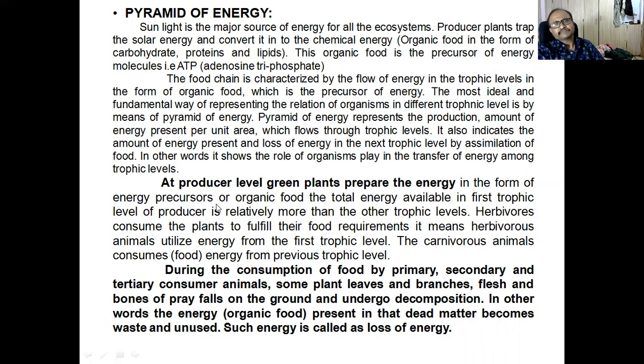Now pyramid of energy, energy means food. हम क्या कर रहे हैं, by considering the energy we are plotting the pyramid. We already have idea about the energy. Energy क्या है, the sunlight is the major source of energy in all ecosystems, बराबर है.